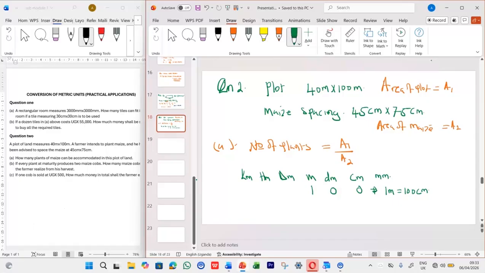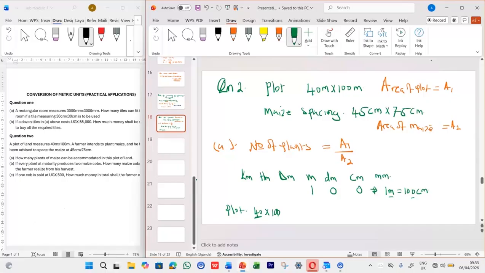Now they have given you the measurements of the plot as 40 by 100. So what is 40 meters in terms of centimeters? Remember, 1 meter is 100 centimeters. What about 40 meters? What about 100 meters? Each of these we shall multiply by 100 centimeters.